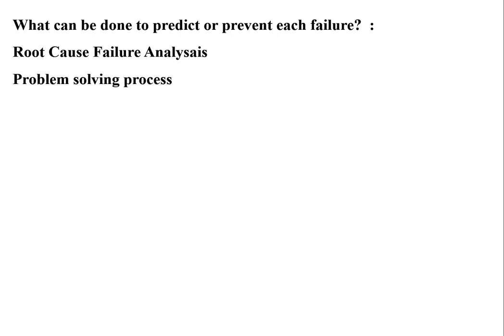Under root cause failure analysis, we have to do the investigation in a procedural approach, following certain steps and a certain process, and we can summarize this process into what we call the problem solving process.